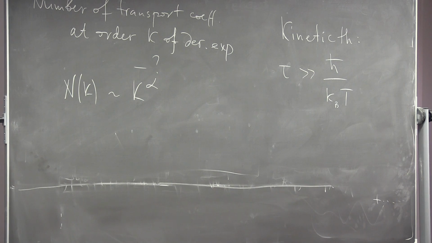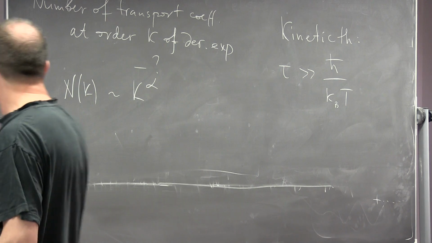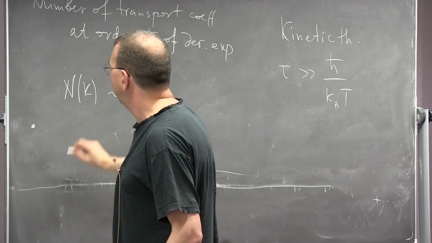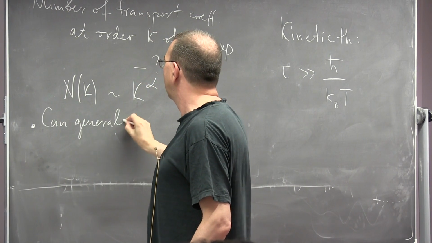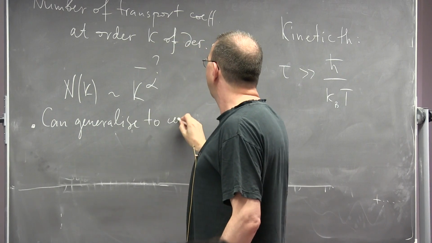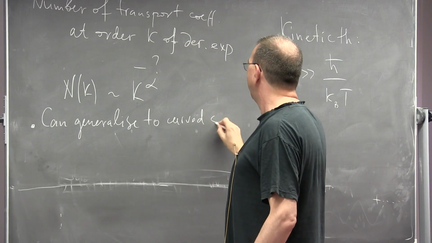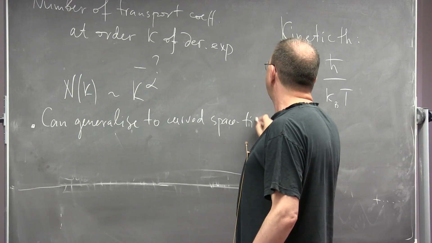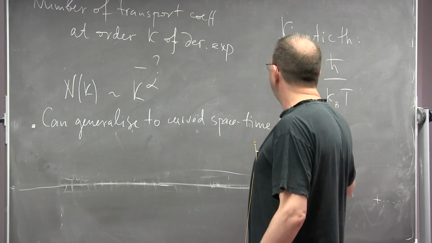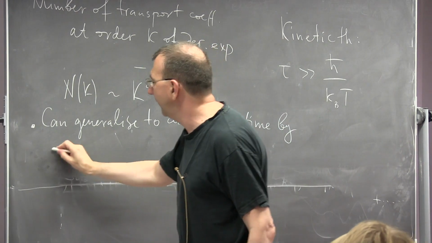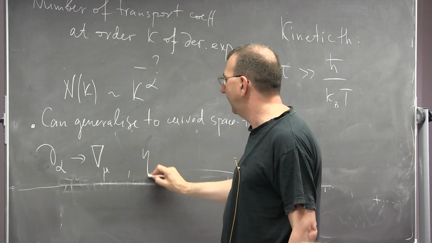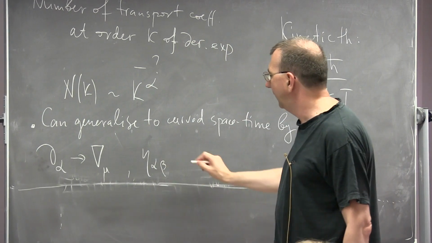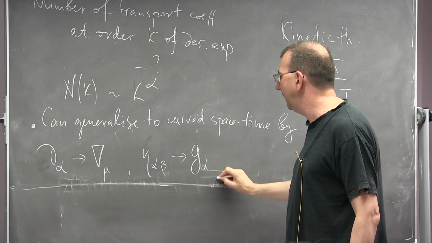Another remark is the following. We wrote all of this in Minkowski spacetime, but we can generalize this to curved spacetime by the usual procedure, by replacing the ordinary derivatives with covariant derivatives, and replacing the Minkowski tensor eta alpha beta with the metric g alpha beta.